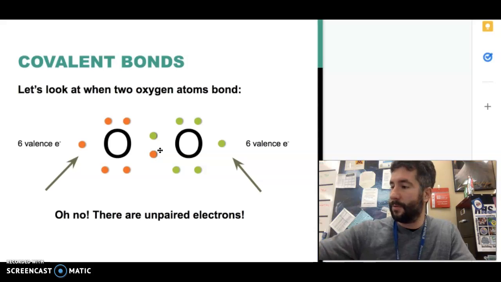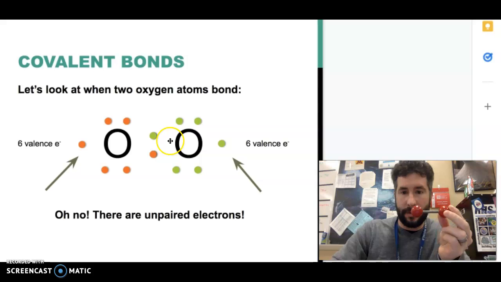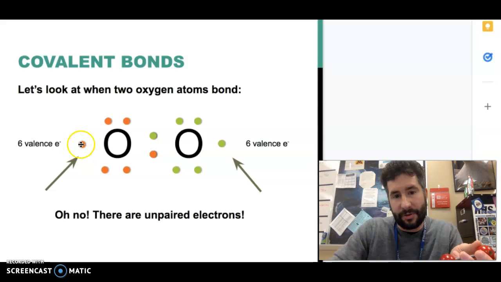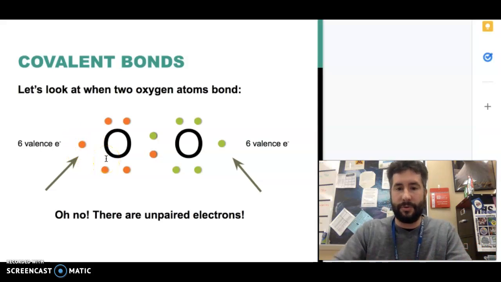If they only were able to gain 1 from the other one with a single bond here, we still only have 7 valence electrons. We haven't gotten to 8 yet. So oxygen is going to actually try and grab this one over here too. It's going to try and grab an extra one. And yeah, we didn't make it to 8.